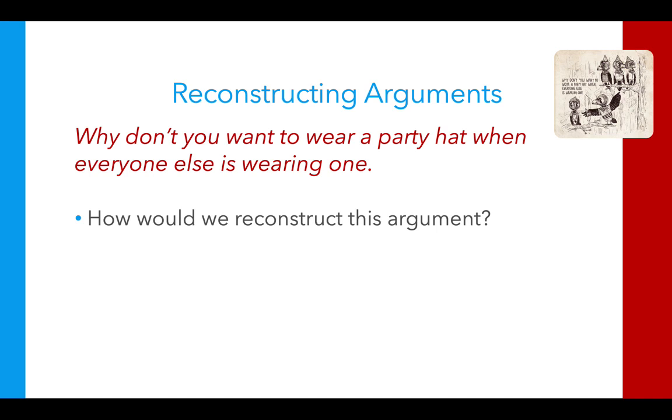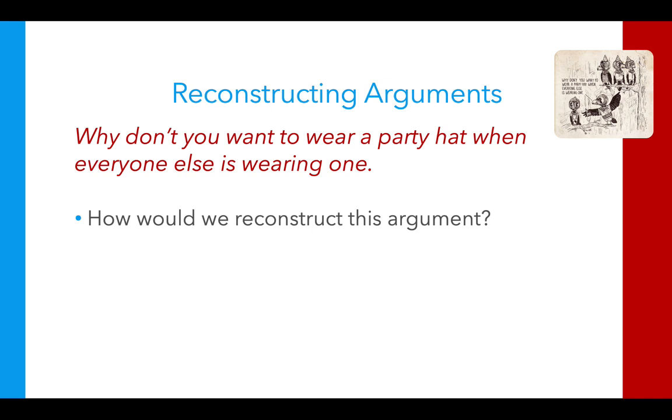One thing worth noting, right, is that we want to start by figuring out what the conclusion is. What's the conclusion? I don't think it's there. I don't think when they've said this thing, they've given us the conclusion. But it does imply a certain kind of conclusion. The implied conclusion is that you should wear a party hat, right?